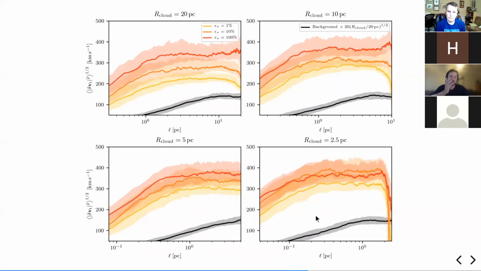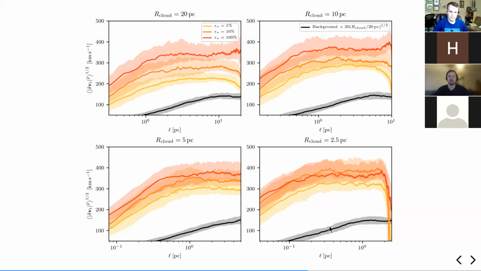As I said, we can measure this fractal dimension, and then we can also measure the turbulence in the hot gas. What I'm showing here is the structure function of the turbulent velocity fields in the hot gas. Again, a similar color scheme: this is a 20 parsec cloud, 10 parsec, 5 parsec, 2.5 parsec.